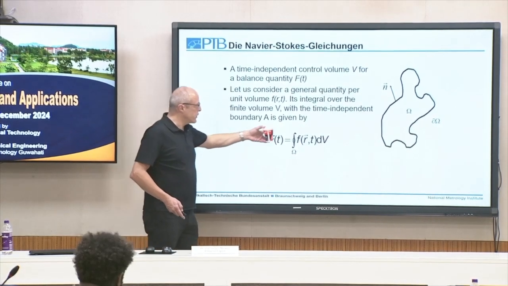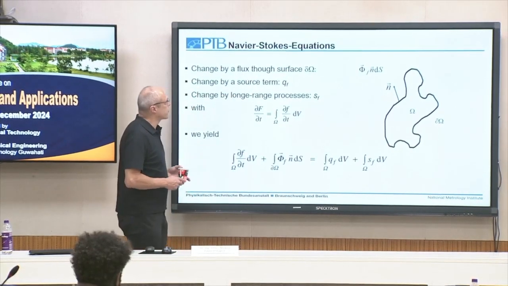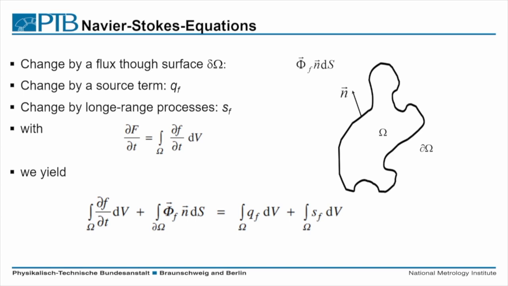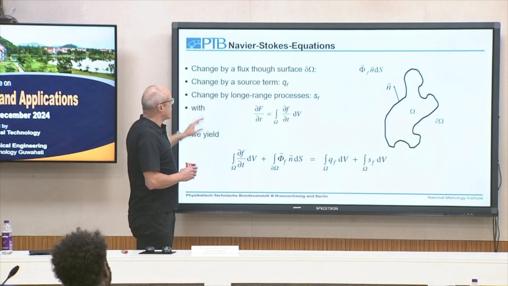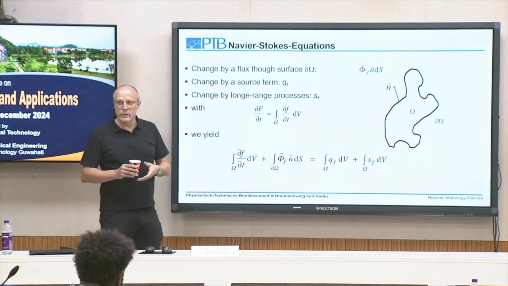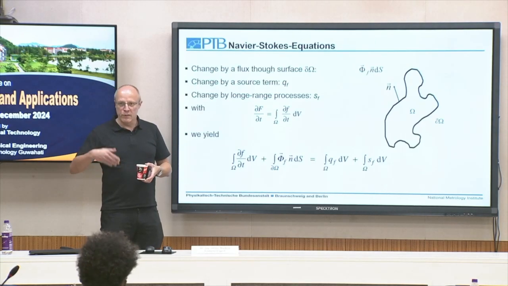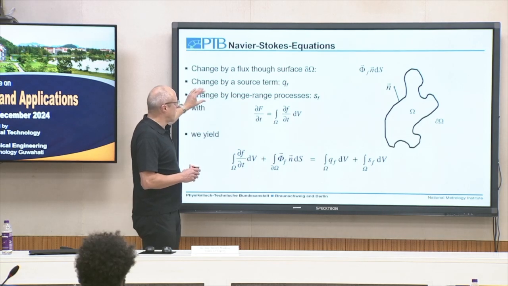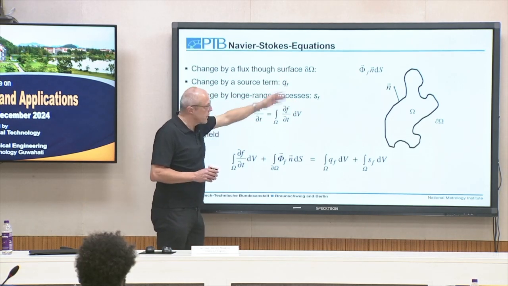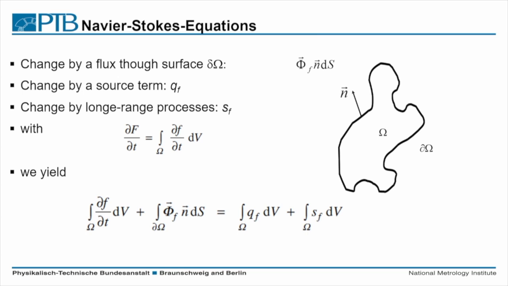This equation here is more or less a general description. How is this influenced? Of course, we have a change by a flux through our surface. The species is flowing into our system, flowing out of our system. For example, we have a change by a source term, our chemical reactions, for example, or heat loss due to radiation. We have changes by long-range processes. Okay, this is radiation.